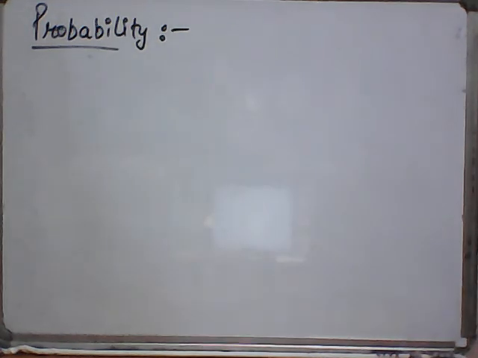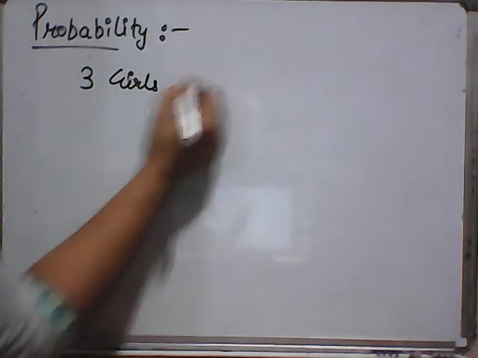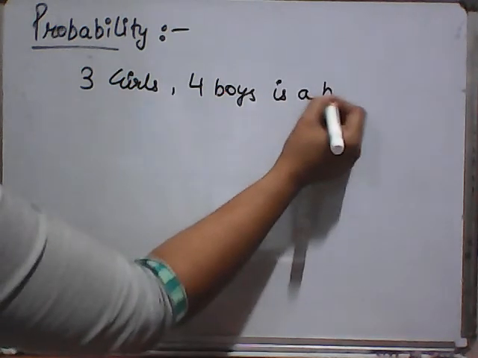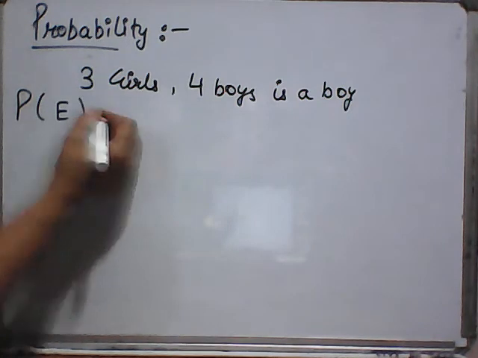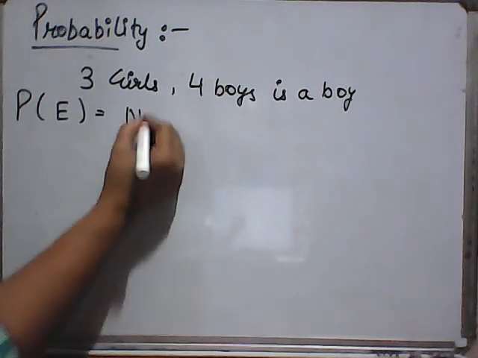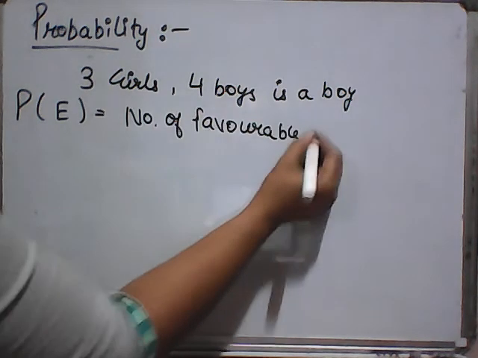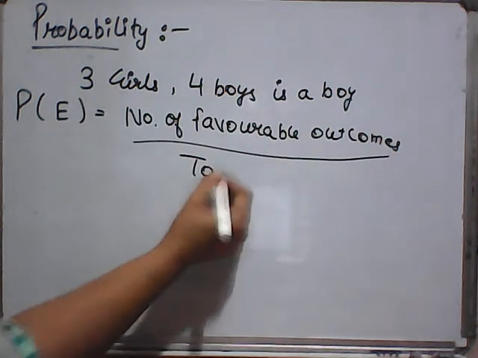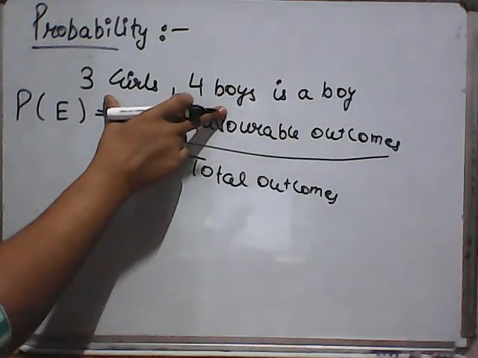Suppose you have to find out the probability that a student chosen at random out of 3 girls and 4 boys is a boy. We know the formula for finding the probability of an event is number of favorable outcomes divided by total outcomes. Here, how many students do we have? 3 plus 4.